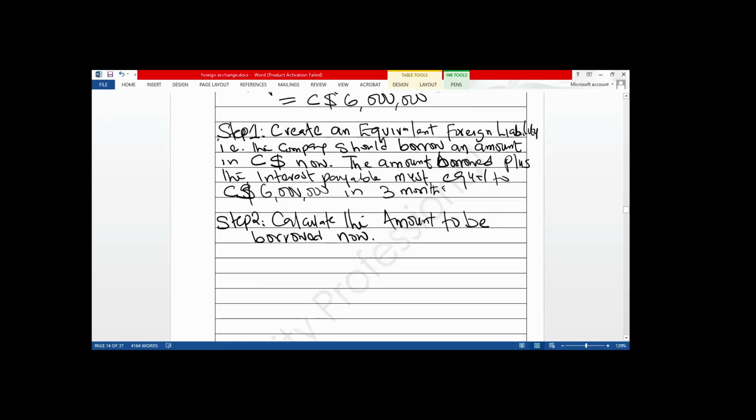Now come here, step 2. Calculate 3 months borrowing rates in Central dollar. This becomes 3/12 multiplied by 15%. If you compute that, you are going to get 3.75%. That is the 3-month borrowing rate.